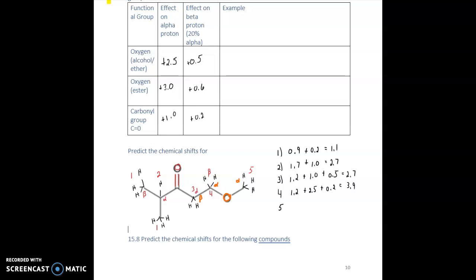The protons at the 5th position are methyl, and so they start at 0.9, alpha to the oxygen, that's plus 2.5, and that gives us 3.4.